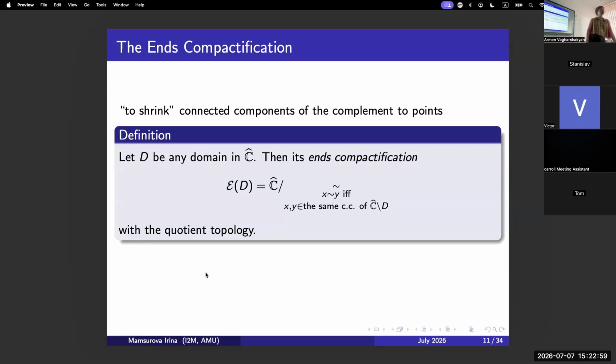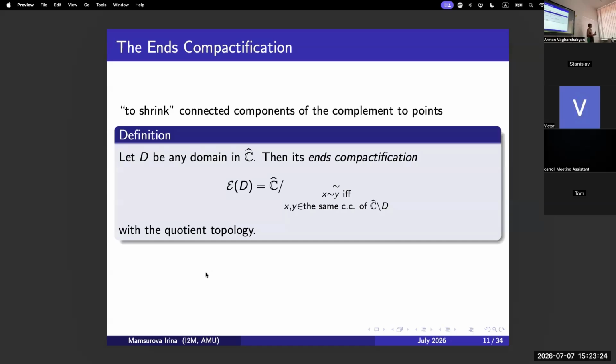No. Imagine you have a sphere and you had some domain here that you shrink to one point. Topologically, it's still a sphere.